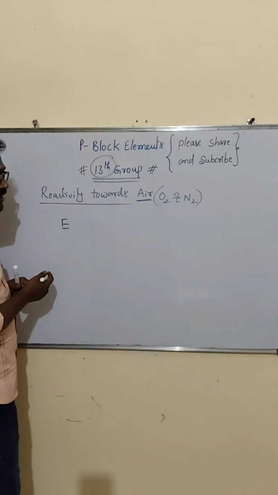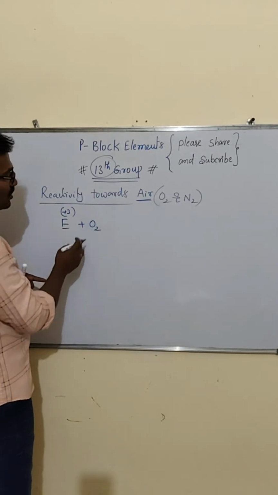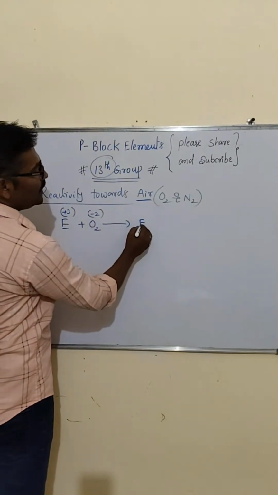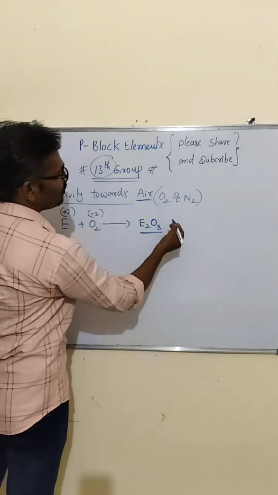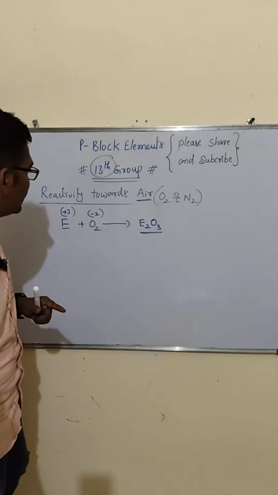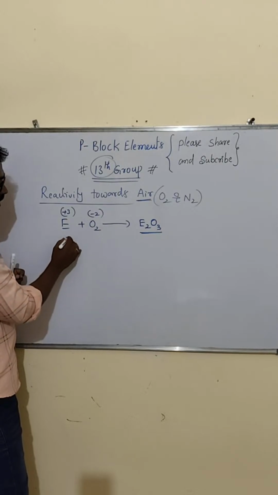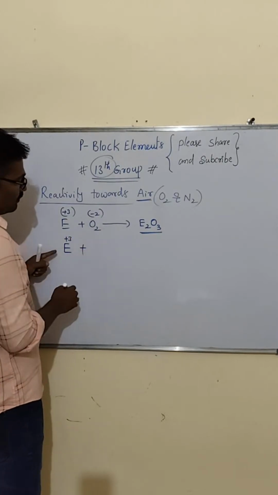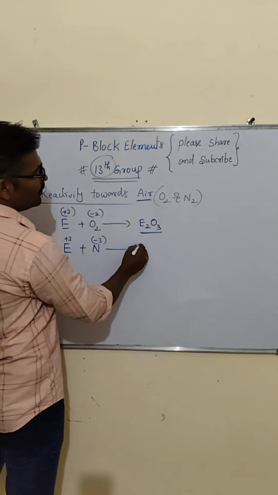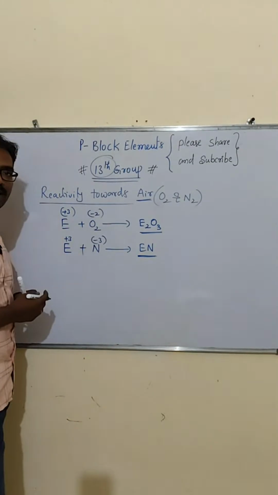Their oxidation state is +3. When they react with oxygen, oxidation state -2, you get E2O3 type oxides. When treated with nitrogen, oxidation state -3, you get EN type nitrides.